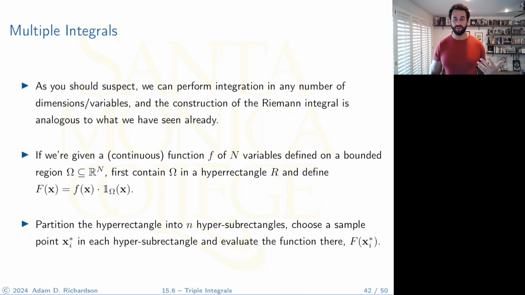Again, indicator function just means that this function is 0 off of the region and 1 on the region. This lets us do our integration, right? We partition the hyperrectangle into a bunch of hyper subrectangles. We choose a sample point in each one of these hyper subrectangles. We evaluate the function at the point in these hyper subrectangles.